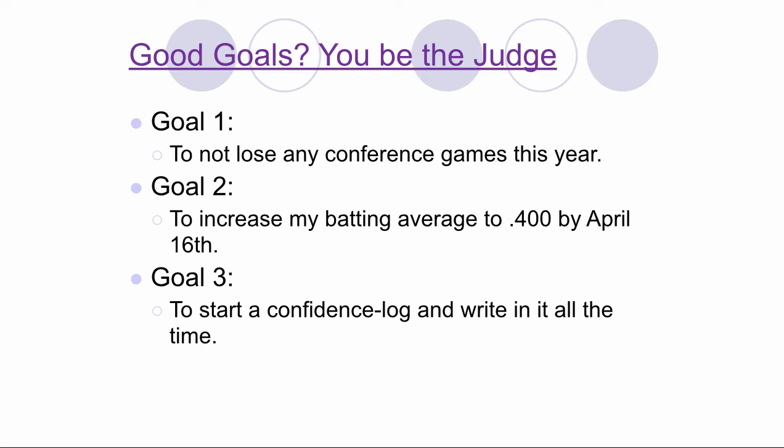Goal 1, to not lose any conference games this year. If we think back to our SMART goals, is that really a good goal? Well, it's not too specific. It does say not lose any conference games, so it's somewhat specific. It says when, but again, not the best goal. It is measurable because we can go by wins and losses.